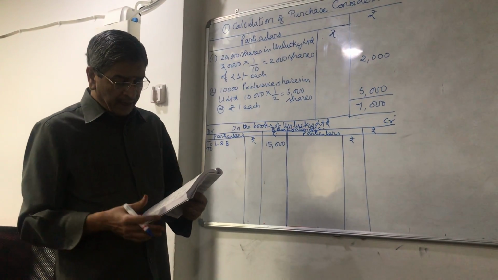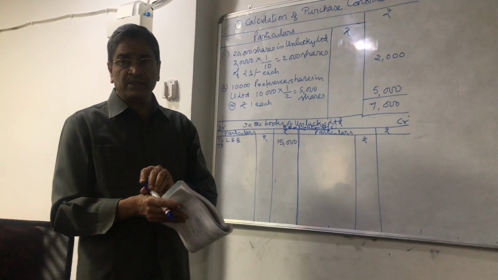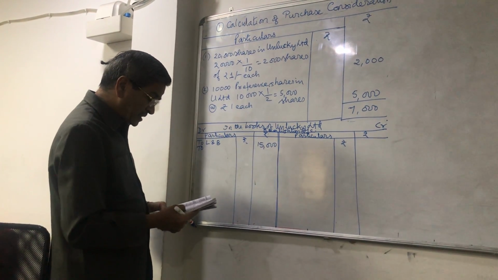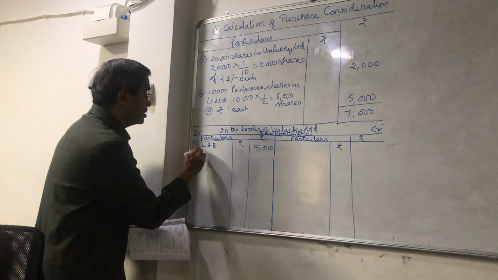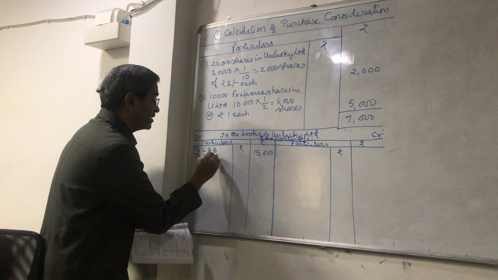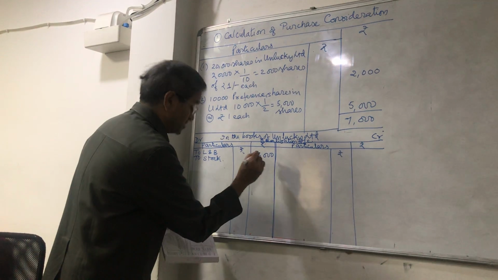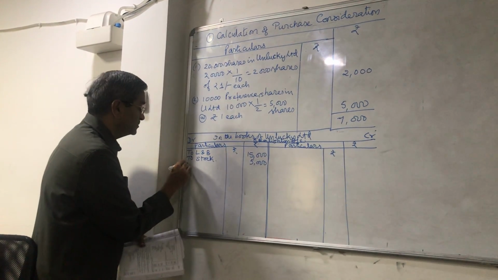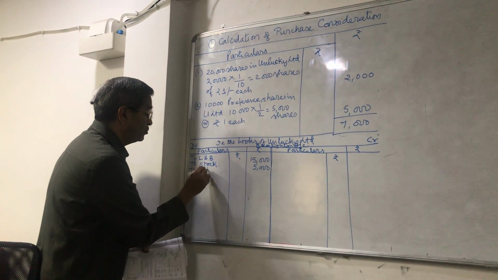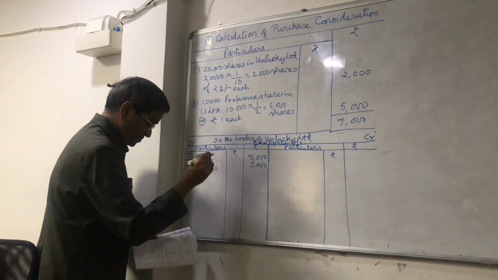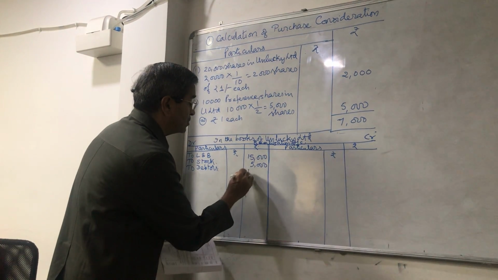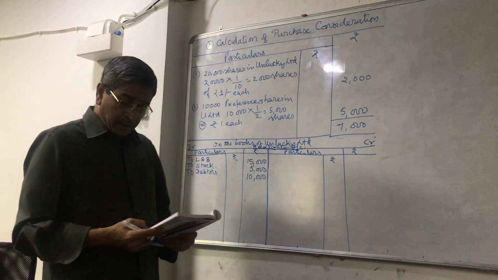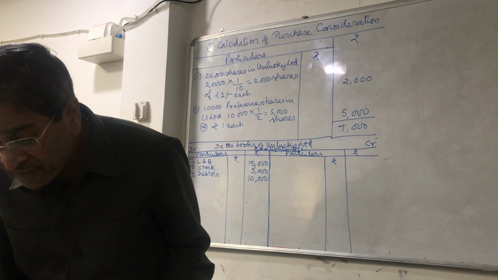Since goodwill is not normally taken over by the purchasing company, we can skip that. So stock given in the trial balance, given in the textbook, is 5,000. Then debtors, book value I am transferring. Book value is 10,000. There is no cash in hand in this.